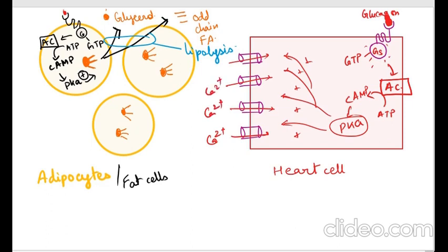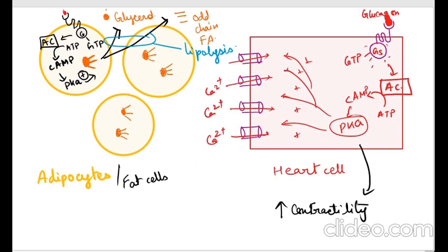Now, because of the opening of the calcium channels, what will happen within the heart cell? They will have higher contractility. That means whenever there is low glucose in the blood, whatever glucose is present has to be reached to each and every part of the body. So therefore, the heart will start beating very, very fast.